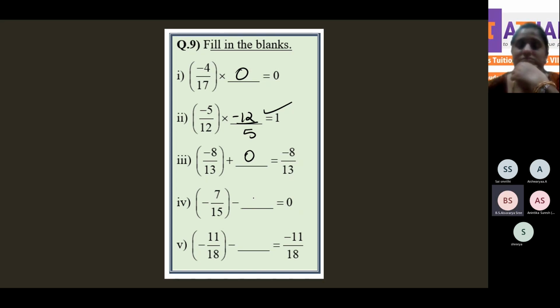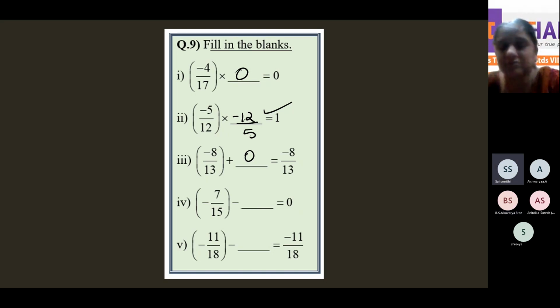Minus 7 by 15. Aishwarya Shri, repeat your answer. Minus 7 by 15. Can I tell? 0, ma'am. Shreya, is it? Yes, ma'am. Sai Smriti, yes. Minus 7 by 15.